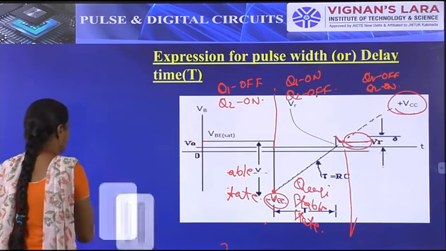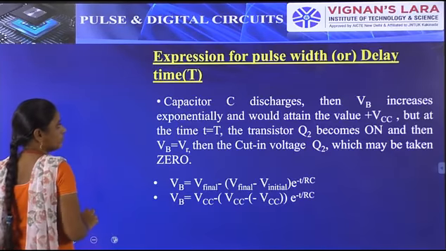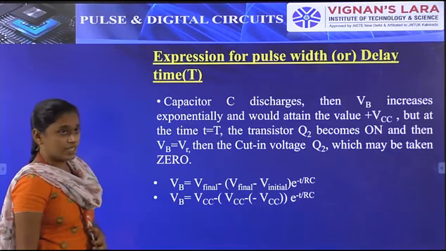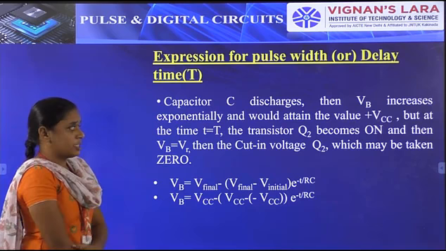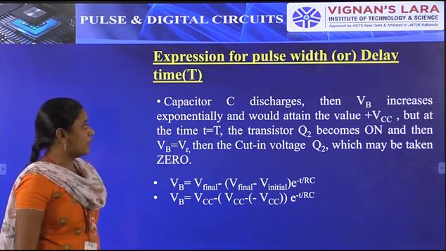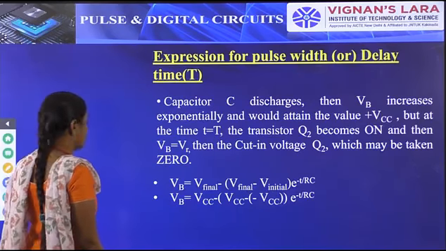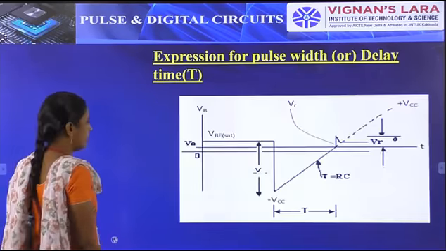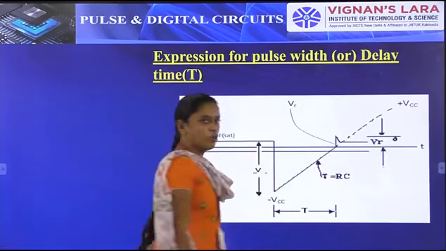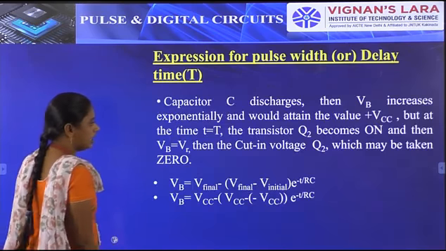Very important, just check the condition. Capacitor C discharging, then the VB voltage increases exponentially toward VCC, but at the time t equal to T, transistor Q2 becomes on. Here we take the ideal condition: at t equal to T, Q2 goes to on condition, so VB is equal to V gamma, which we take as 0.